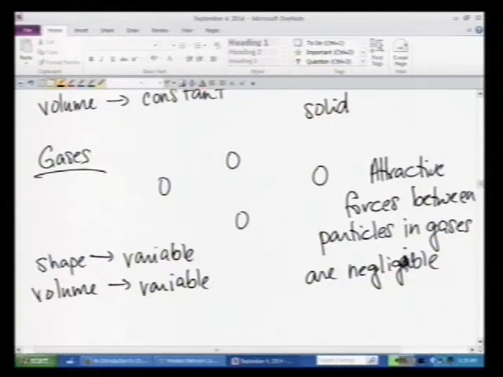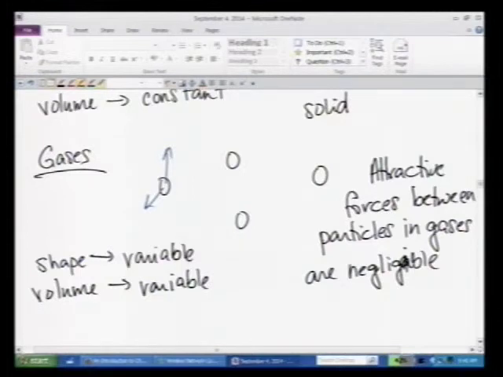Anyway, the attractive forces between the particles in a gas are negligible, and that's what gives it this variable shape and variable volume. The particles in a gas have quite a bit of motion, they're flying around the room, but we could take a volume of gas and contain it in a very large cylinder, and it would just have a low pressure.